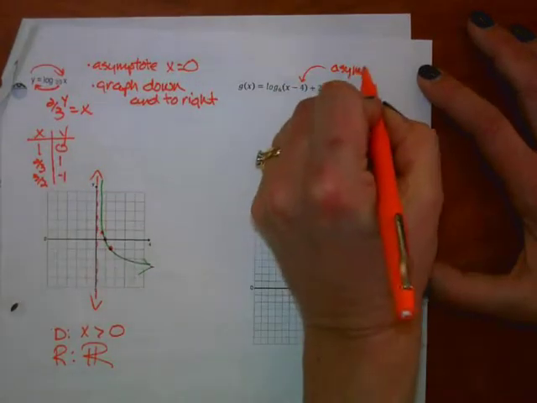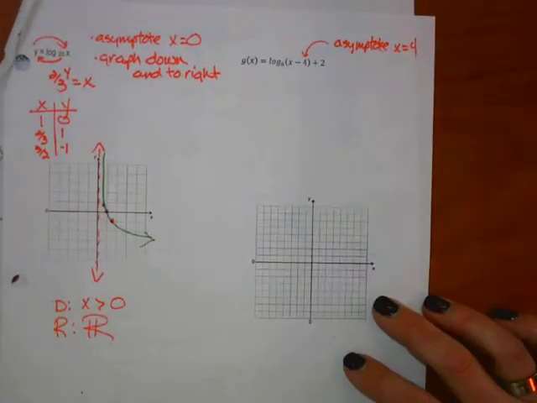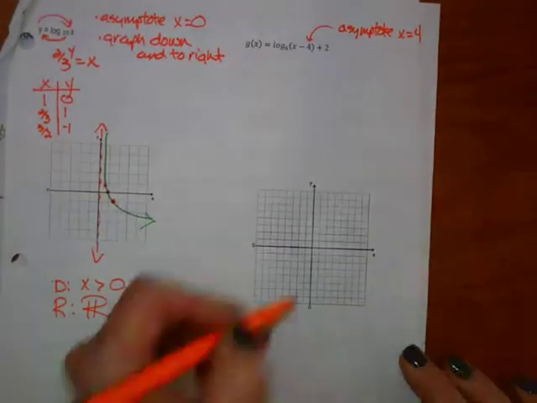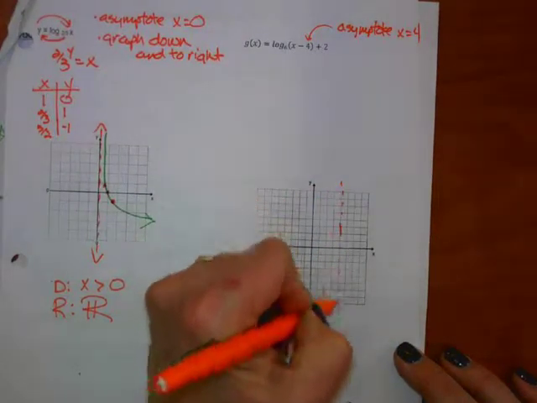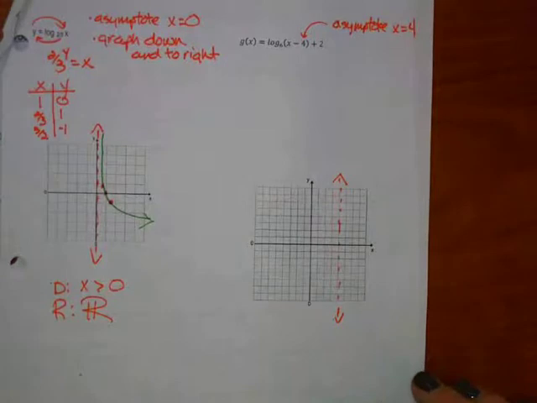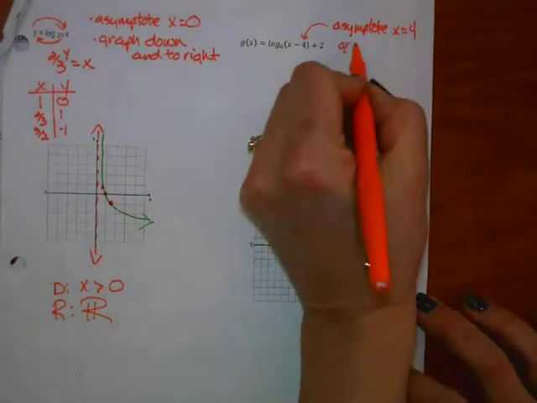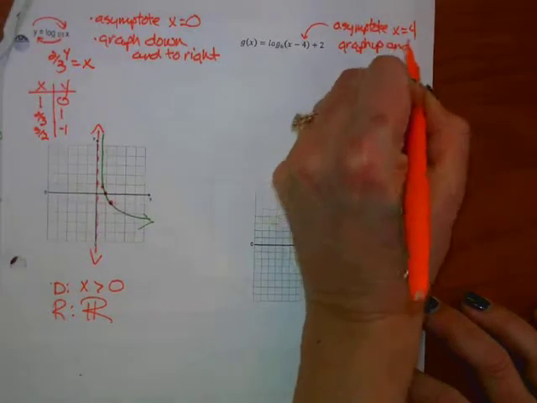Asymptote? X equals 4. So let's just sketch that right on our graph. Remember, it's a vertical line through 4. What's my graph going to do? It's a base bigger than 1, so what's it going to do? If it's bigger than 1, it's going to go up and to the right, okay? Graph will go up and to the right.